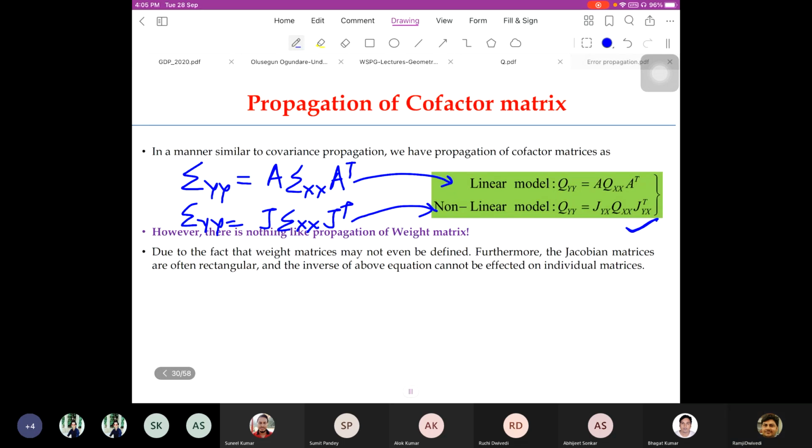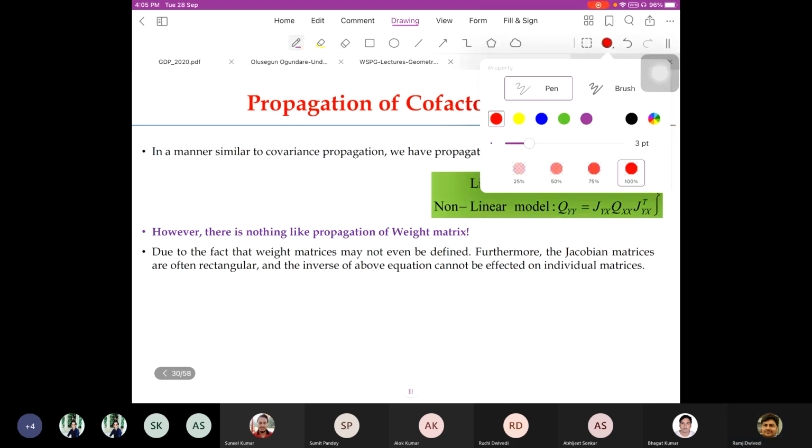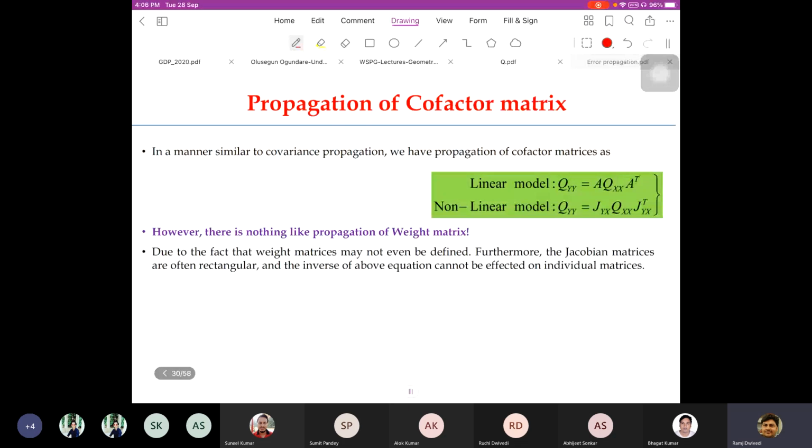But what is more important is that propagation of the weight matrix is not done, not allowed, it is prohibited. Weights cannot be propagated.